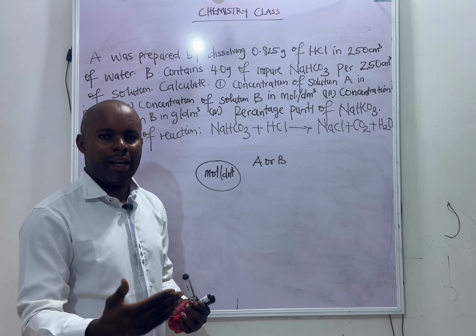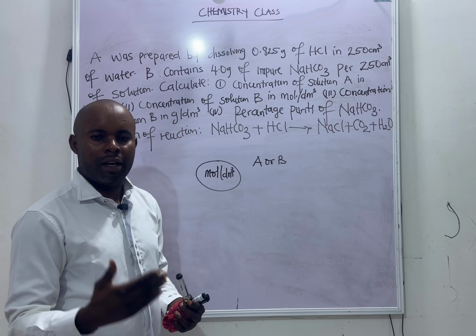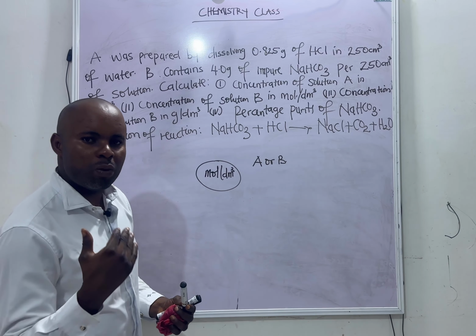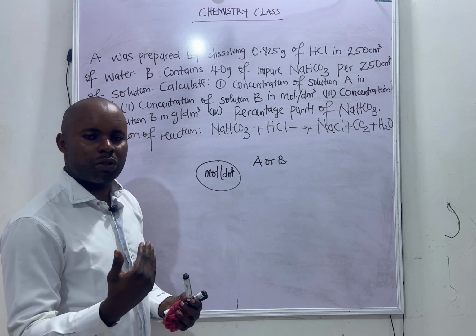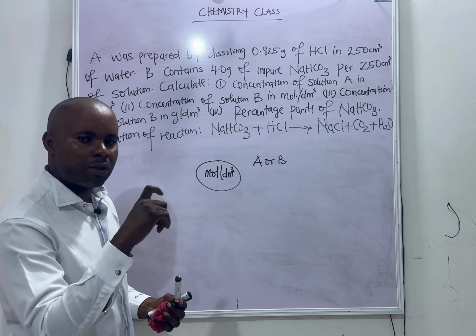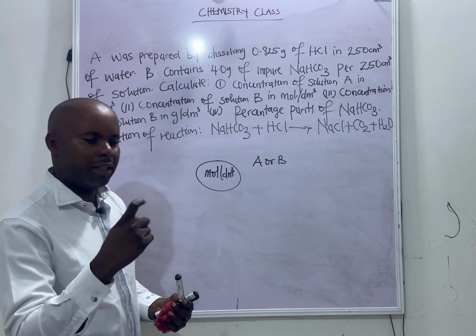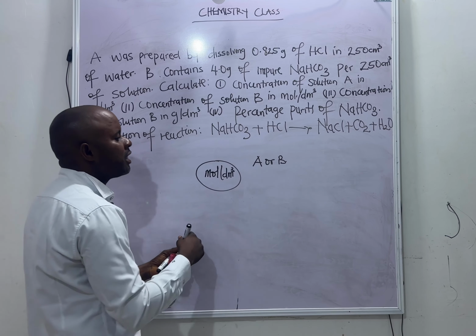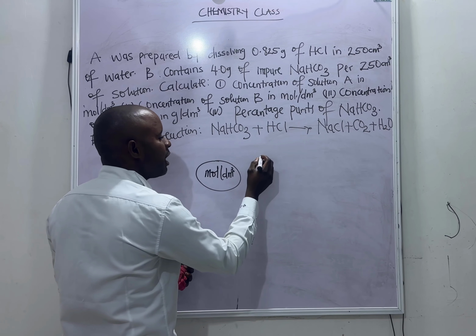Instead of using CaVa all over CbVb equals Na all over Nb, we cannot use that formula to solve the problem because none of the concentrations of A or B is given to us. And if you can see, all of this is given in centimeter cube.